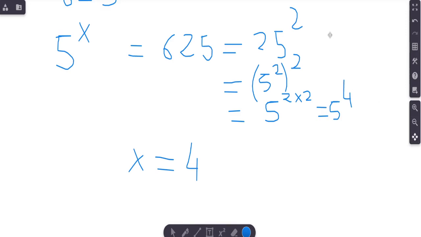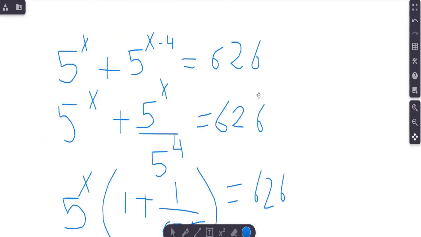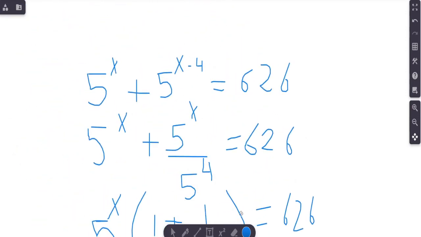So let's check if it works in the original equation. Let's replace x by 4 in this equation.